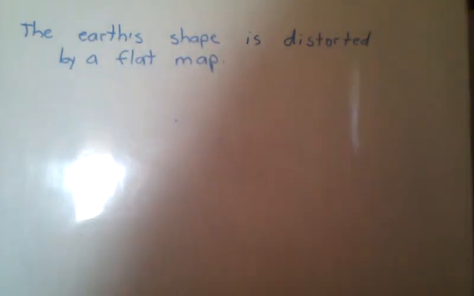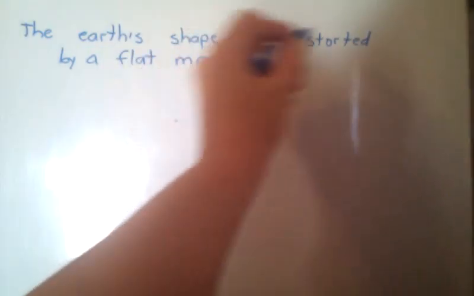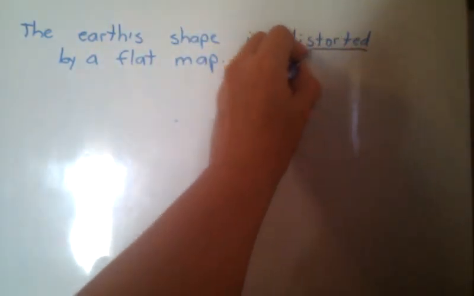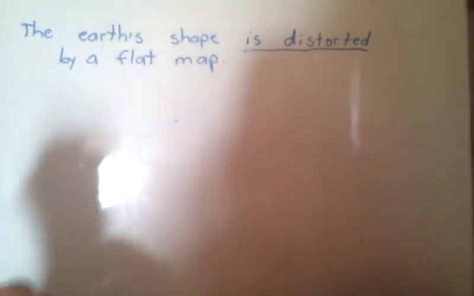Okay, here we go. The first thing we would do is look for our verb. What is our verb? Our verb is distorted, and it has a helping verb is, so I'm going to underline both of them.